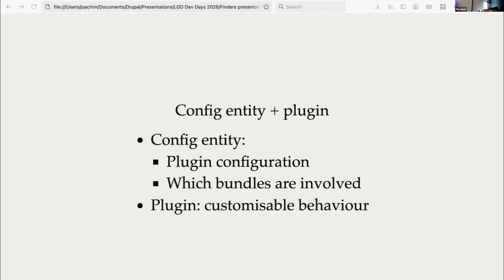We have a config entity, which is what we actually call the finder, and that is powered by a plugin that provides the behavior. So the config entity holds the configuration for the plugin, and it also holds the data of which bundles are involved. And then the plugin is what supplies the behavior of the finder, which is then customizable.